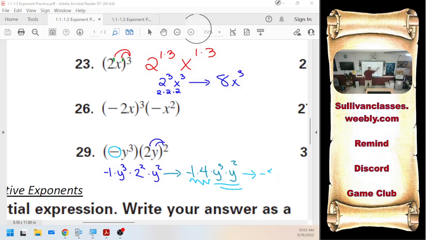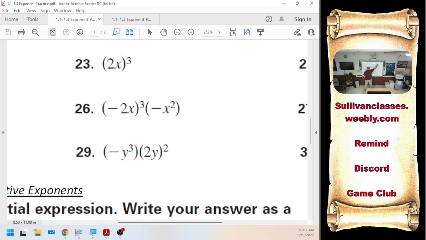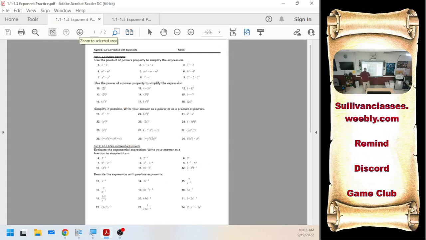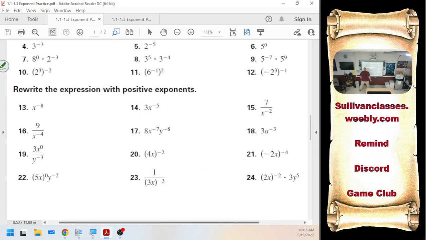Okay, down to the bottom. We had odds. 1 over x to the 8th. 8 over x to the 7th, y to the 8th. This is 7x squared.